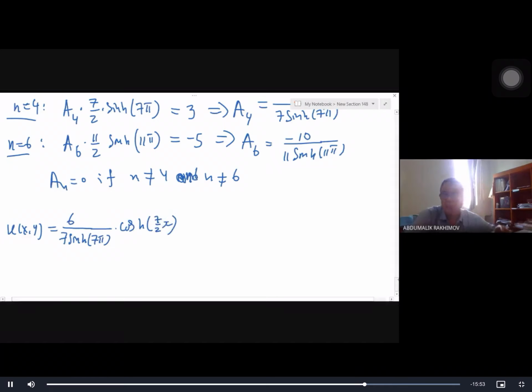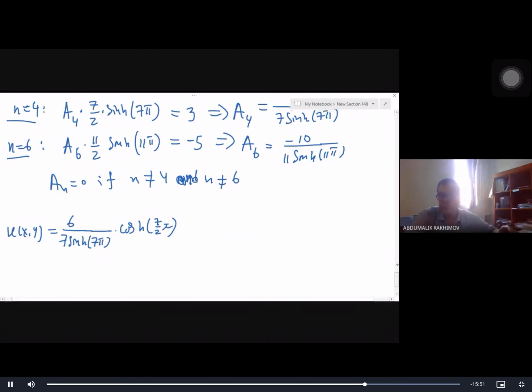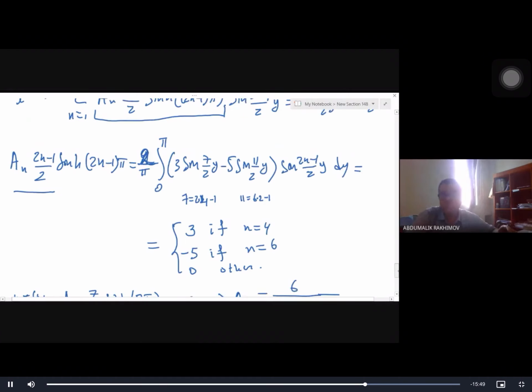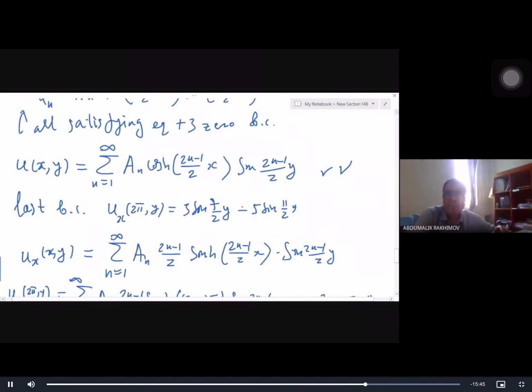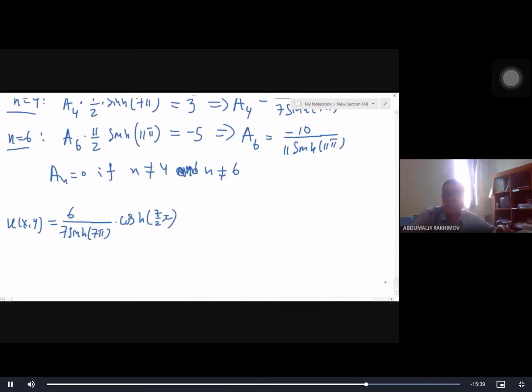Yeah, this will be 7 over 2x, okay? Then we have the usual sine, 7 over 2y.